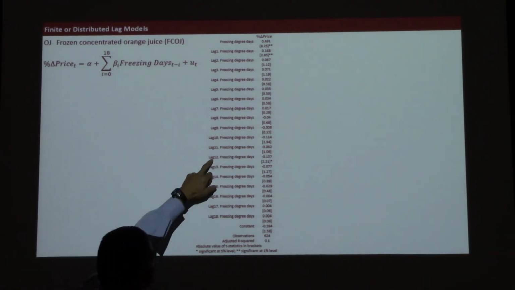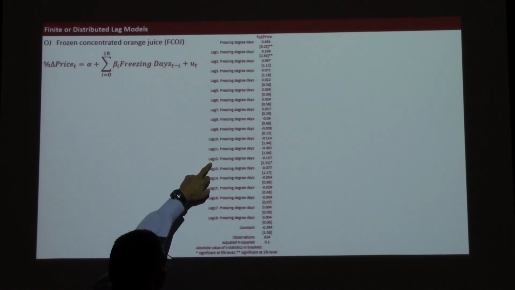Notice that the only 2 significant coefficients are current freezing degree days and 1 period lag freezing degree days. After that, this one is significant, but that's it. None of the other ones are statistically significant.